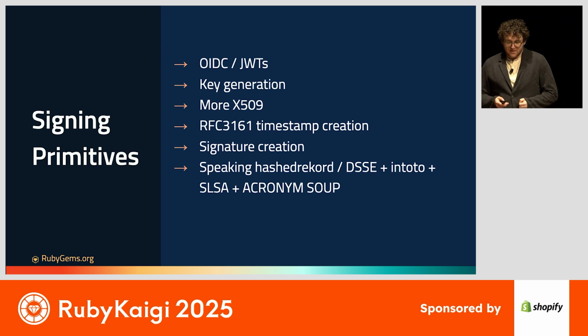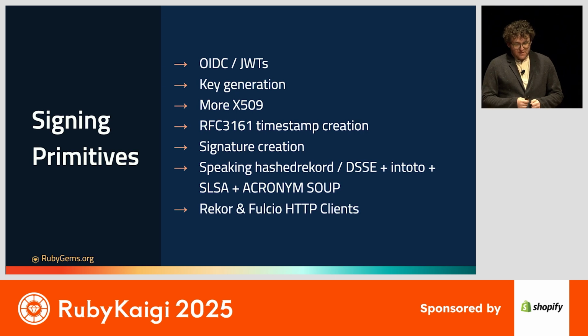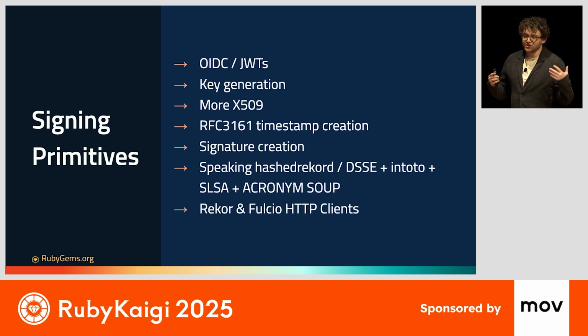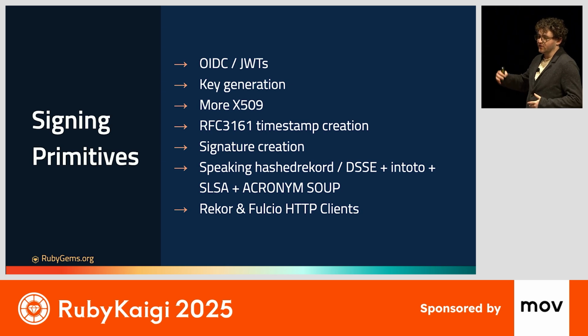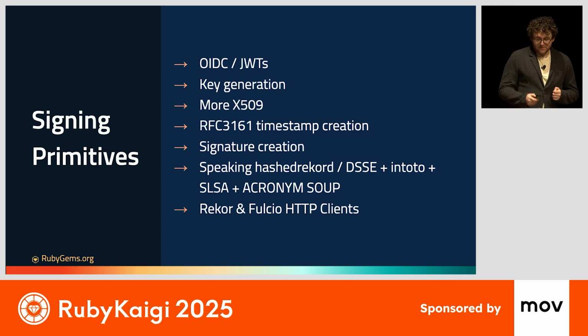And sometimes I wish I didn't know it because it's not the tasty kind of soup. And then there's HTTP clients that are needed to talk to 2 of the different services that constitute sigstore. Rekor is the transparency log. Fulcio is the certificate issuer.